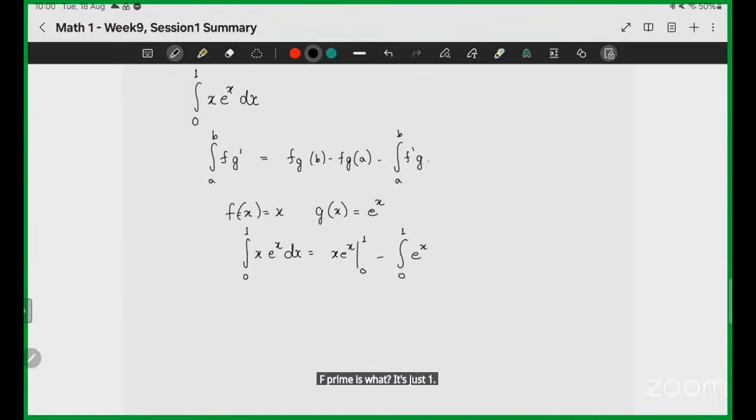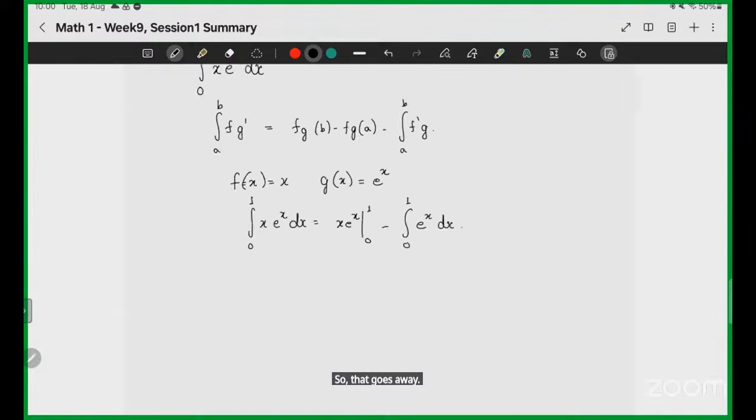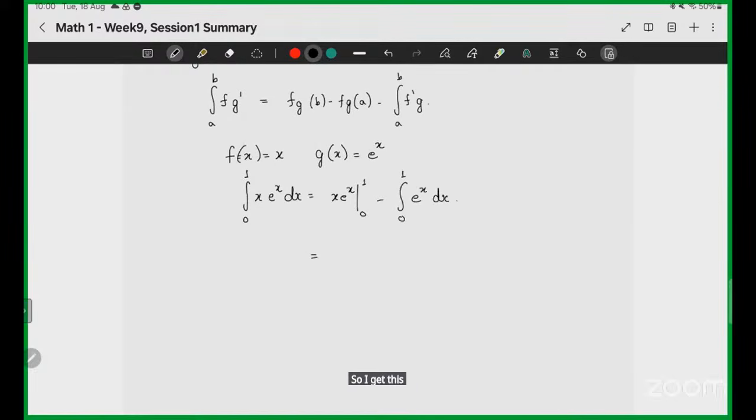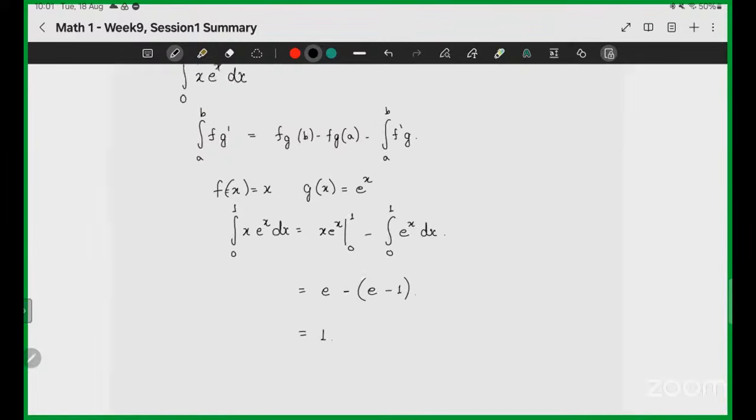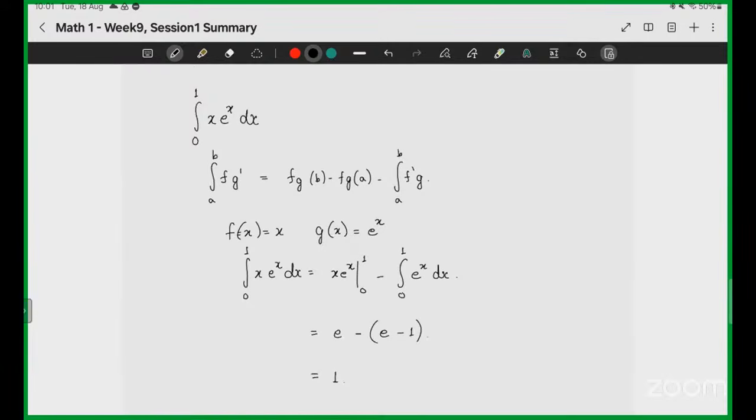So that goes away. So I get this. What I'm left with is e minus (e minus 1). This is 1. Is this okay?